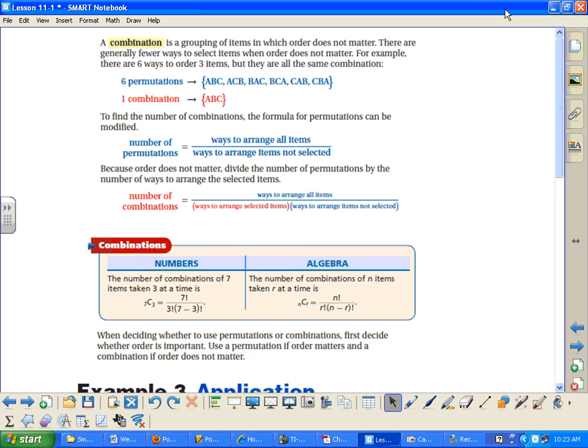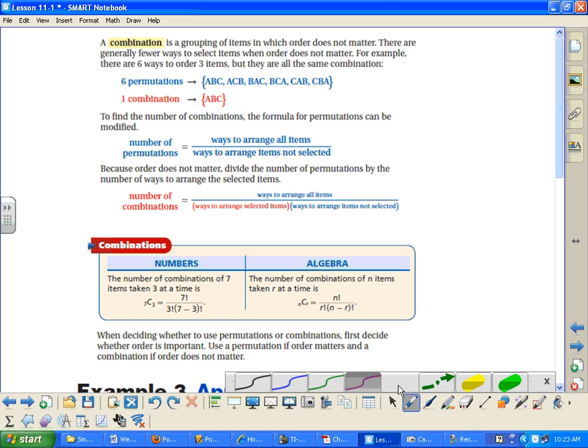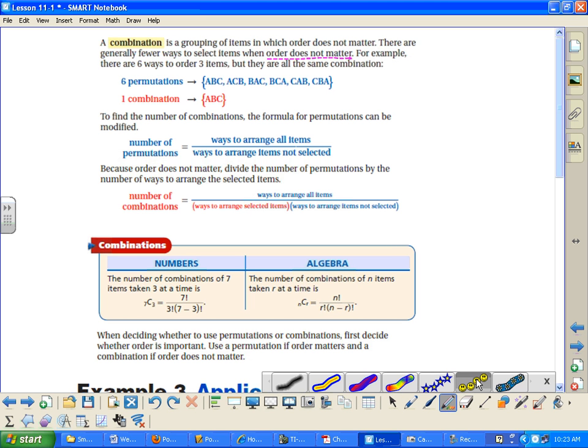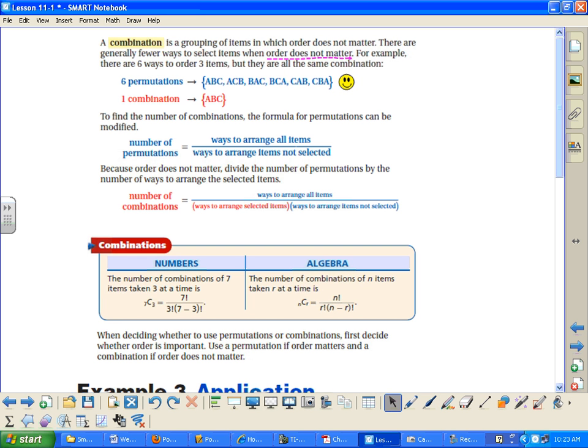Now, combinations are very similar to permutations, except the key to these is that order does not matter. And since order does not matter, this permutation here we have of the 3 letters A, B, and C provided 6 permutations where it's only 1 combination.